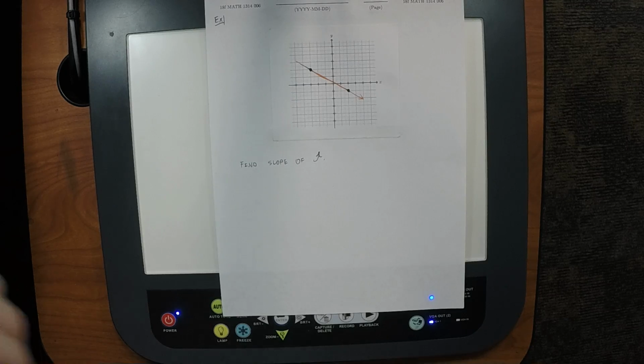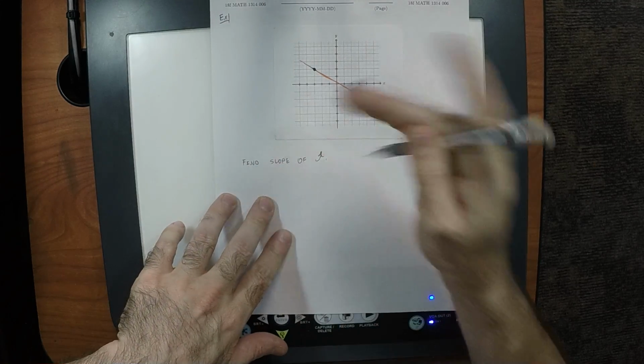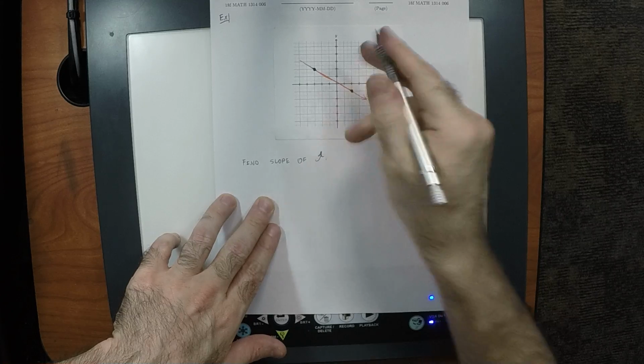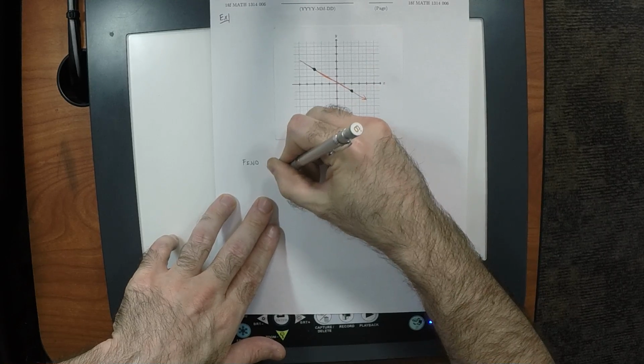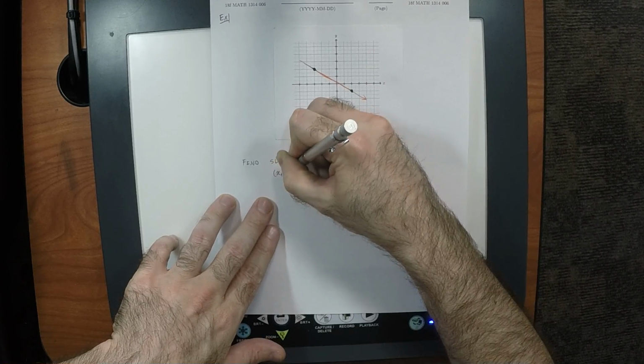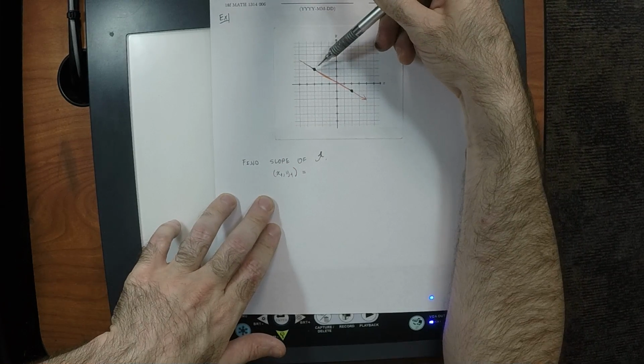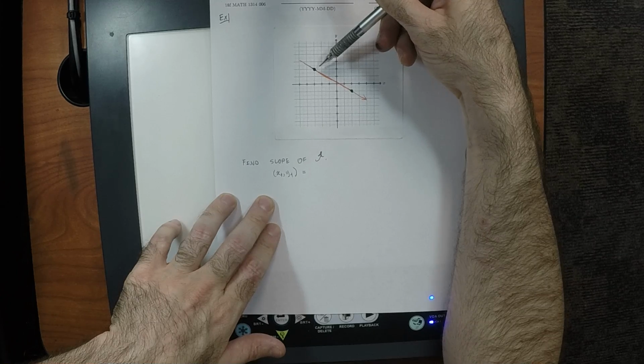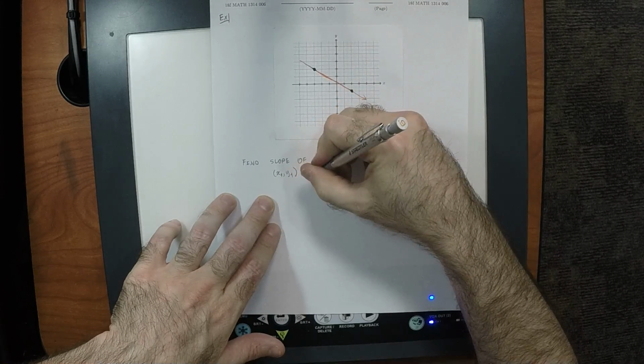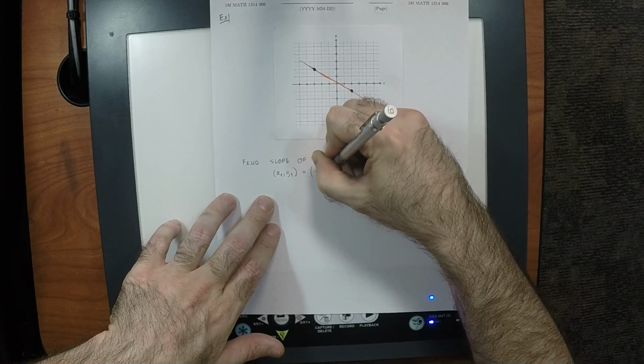To do it with purely a calculation, I'll find 2 points there. So x1, y1. I'll read the coordinates of one of the points. What are the coordinates of that point? -3, and then 2, right?